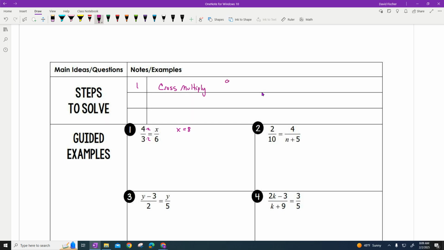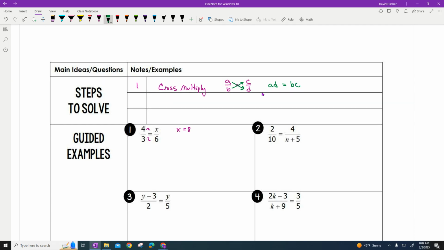So what that means is if I have a over b and I have c over d, I'm going to cross multiply these guys. I want to take a times d and I want to write AD and I want to put an equal sign in between them, and I want to take b times c, which would be BC. And that's what we're going to do to solve it.